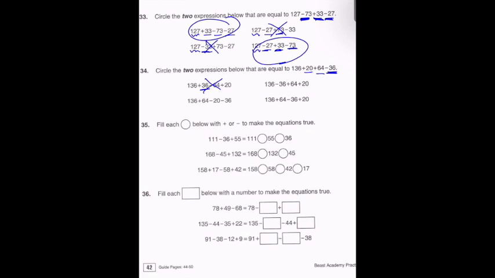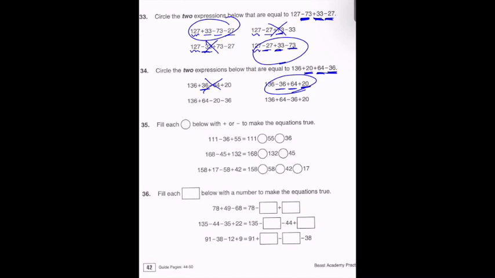And then for our second option, we're subtracting 36 and we're adding 64, adding 20, so this option is going to be correct.